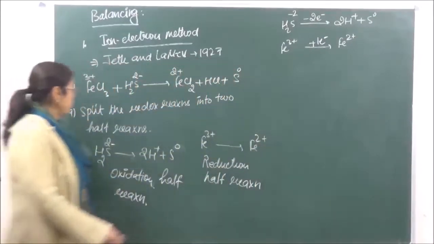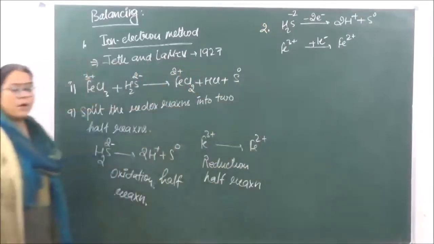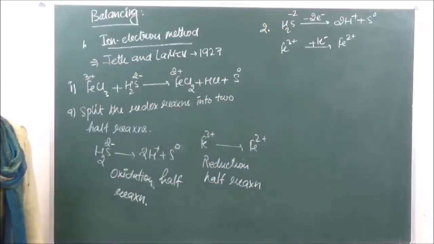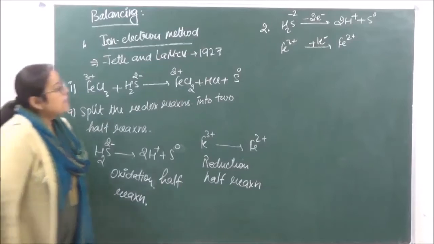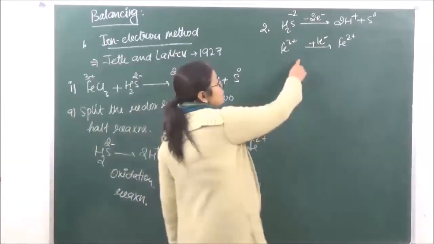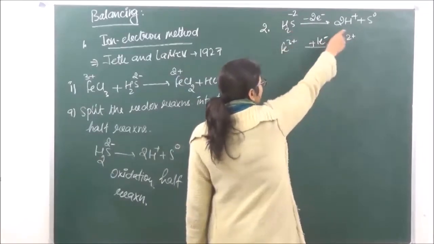This is now the second step, to put the number of electrons exchanged. In the third step, let's balance both the reactions. We have to balance the number of electrons in both the reactions. As far as elements are concerned, they are balanced in both.